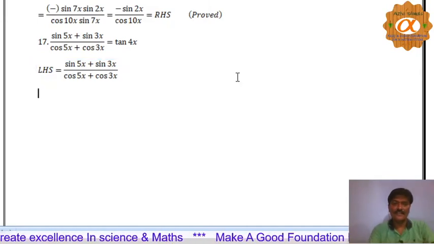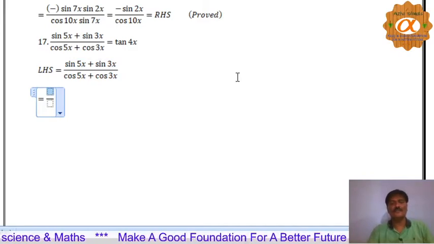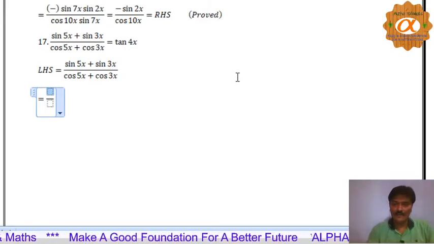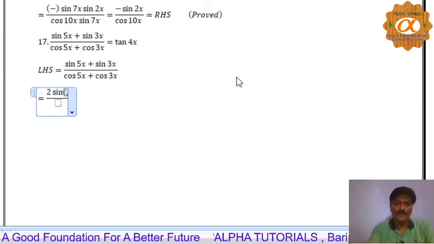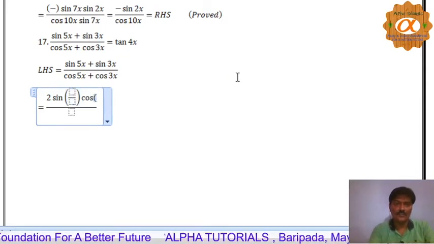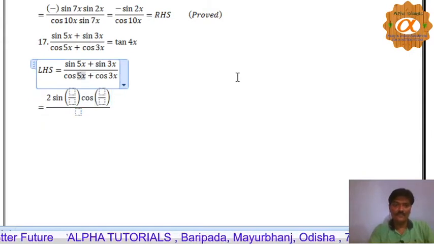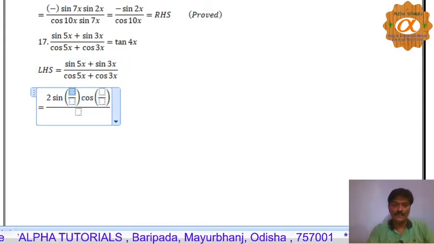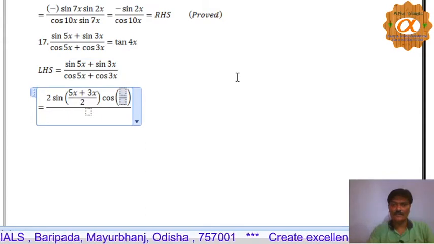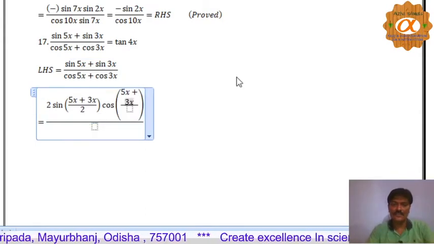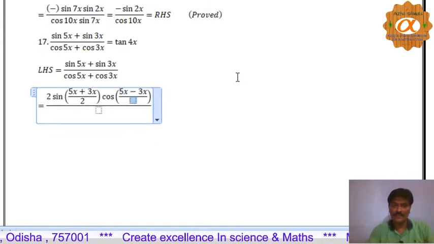LHS is equal to, applying again the same formula of sin A plus sin B and cos A plus cos B. In the numerator part it becomes 2 sin A plus B by 2 and cos A minus B by 2, and then I am putting the values. It is 5x plus 3x by 2, and again cos 5x minus 3x by 2.